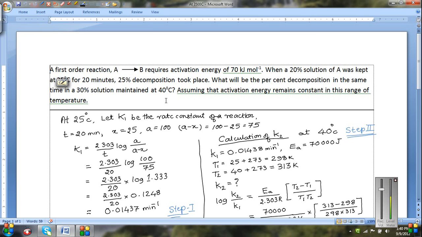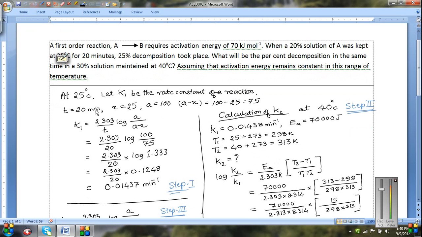Now let us assume that at 25 degrees Celsius, K1 be the rate constant of a reaction. Here t is equal to 20 minutes, and x is the 25% decomposition that takes place in 20 minutes. So x is equal to 25. Now let us take initial concentration as 100. a minus x is equal to 100 minus 25, that is 75.